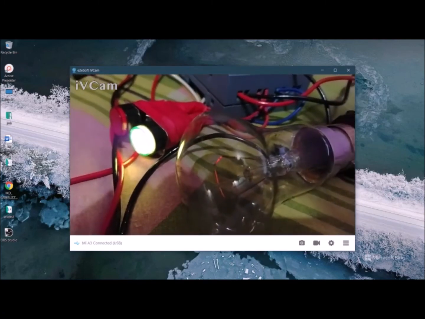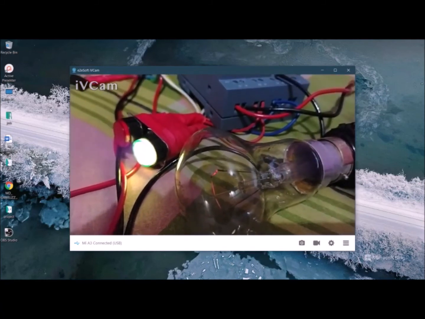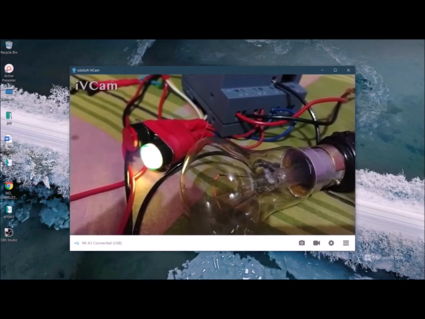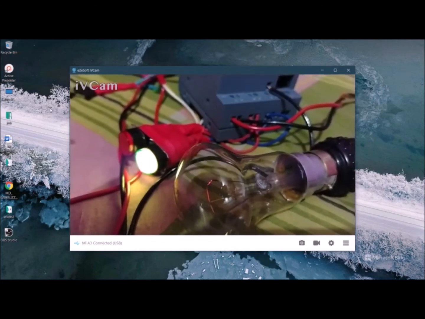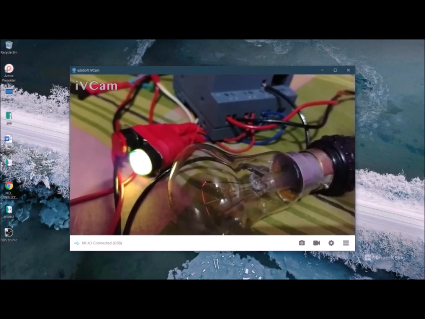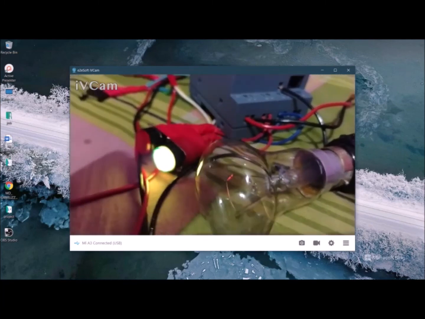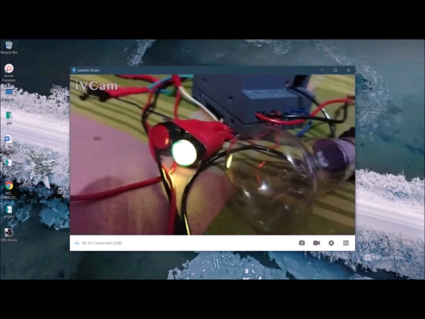This light is on, you can see here. The problem is that this light is 220 volt, and my PLC can supply only 24 volt. That's why this light is just dim.